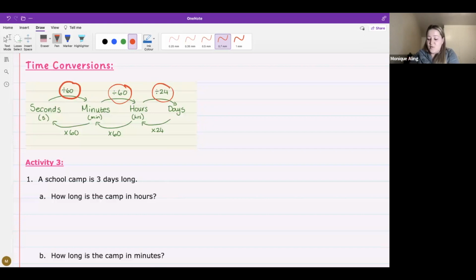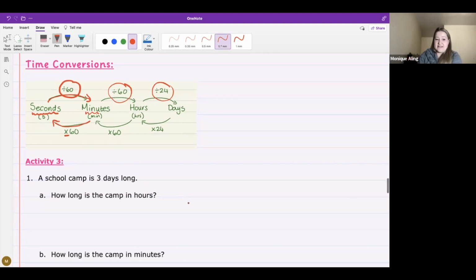When we go from a smaller unit to a bigger unit, so from seconds to minutes, we are dividing by 60. When we go the other way, from bigger units to smaller, so minutes to seconds for example, we are timesing. So it's important to know when you are dividing, when you're timesing, and whether it is by 60 or 24.